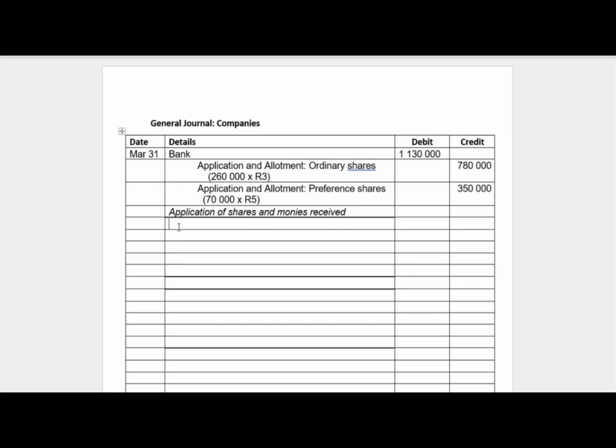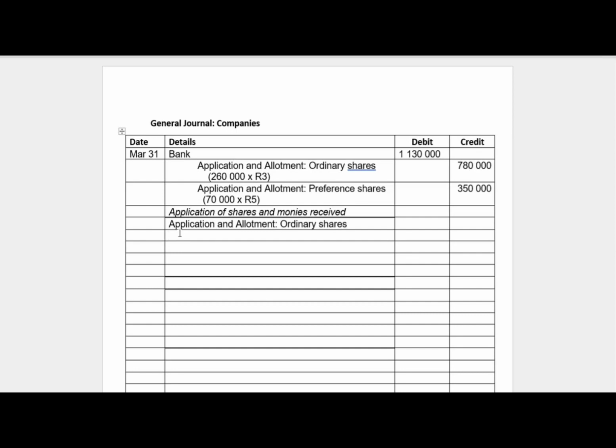We are going to debit application and allotment for ordinary shares.